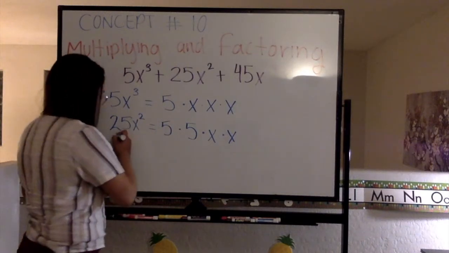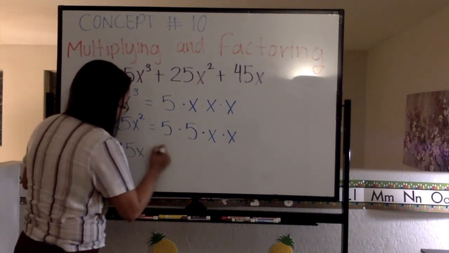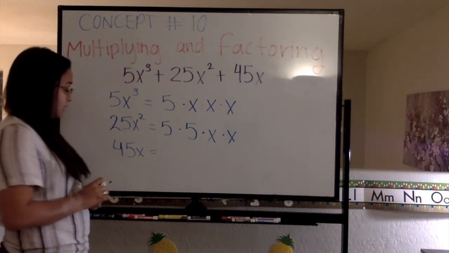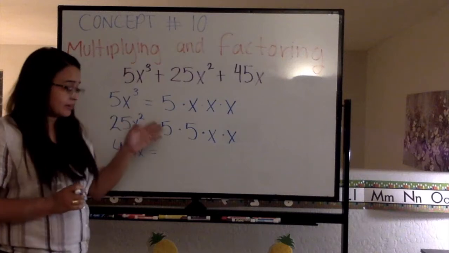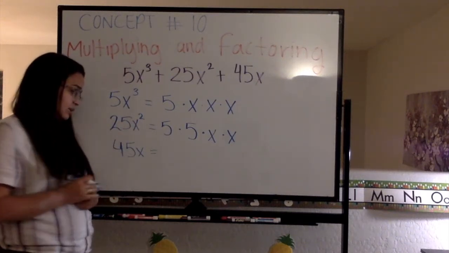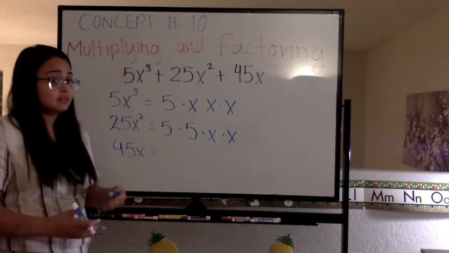Let's move on to our third, which is 45x. Okay? Now, we see a pattern of 5, so let's divide 45 by 5. And we know that 5 times 9 equals 45.